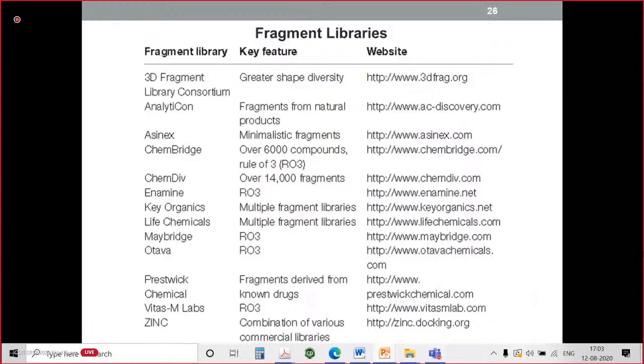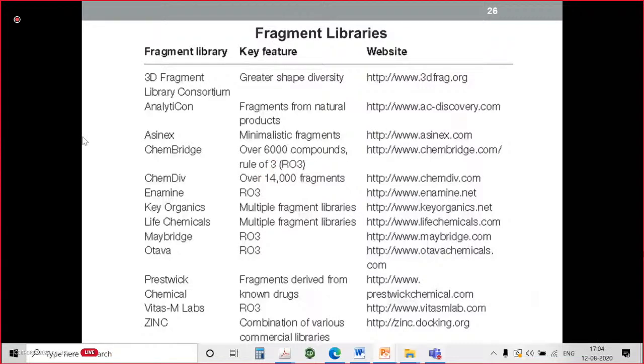Different fragment libraries can help you select fragments. They have databases, and based on the need, we can select a particular type of fragment.